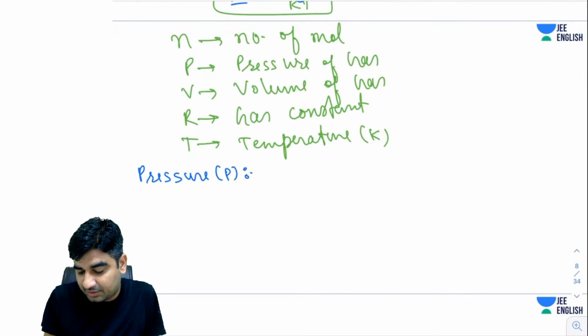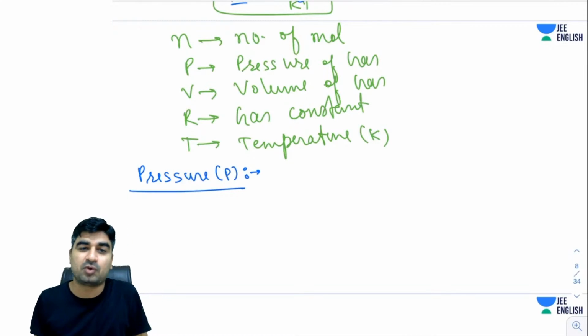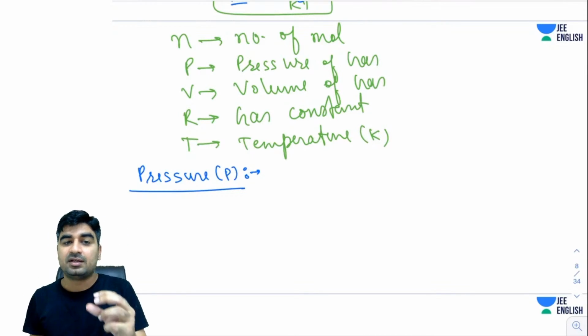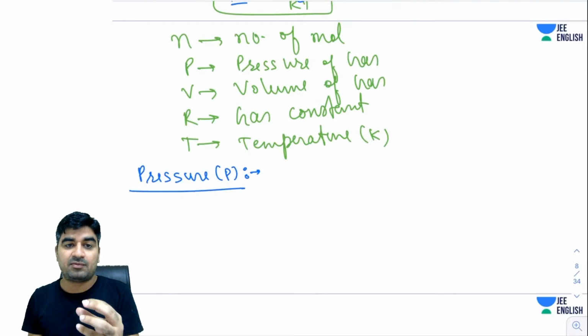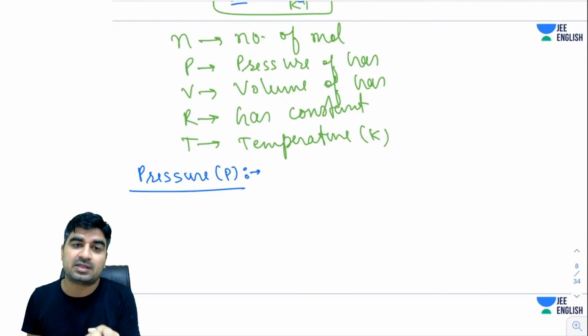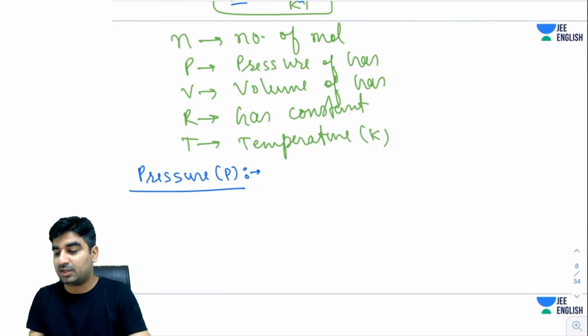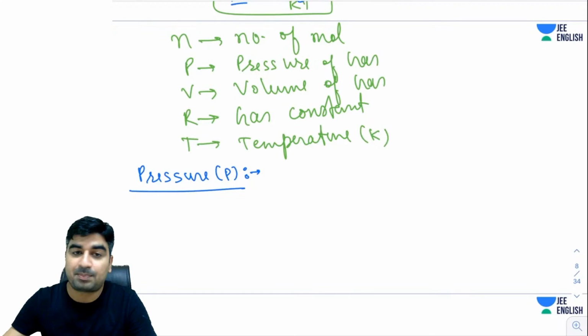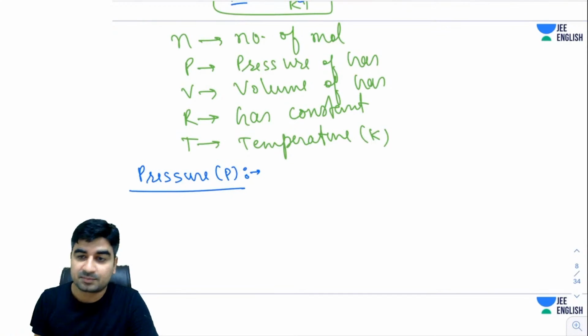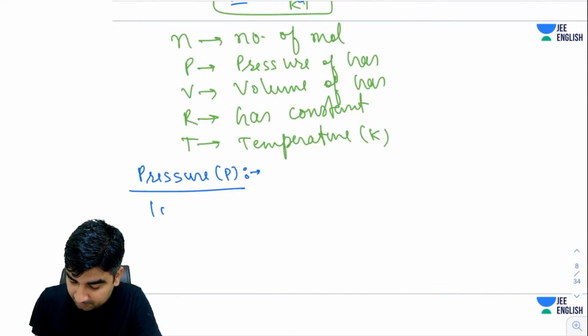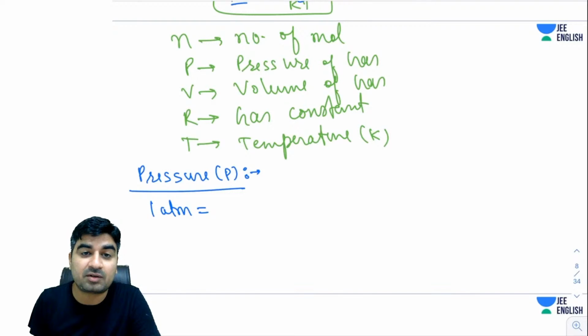Actually, the next topic I'm going to start is the gaseous state. In the gaseous state, I will tell you how we will measure pressure using a barometer. When we measure pressure using a barometer, the pressure of the atmospheric surrounding is taken as 1 atm, and in a barometer we use mercury, so that pressure is measured in terms of mercury itself.